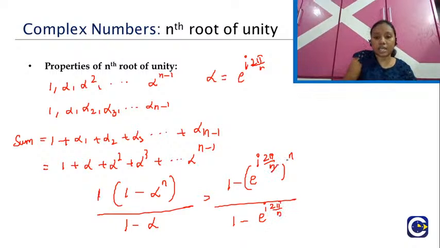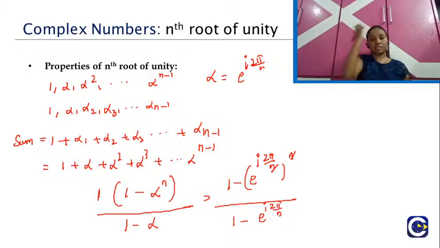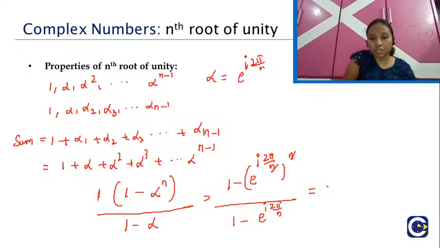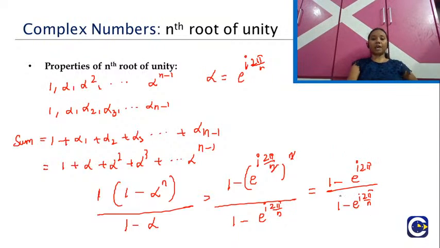Here this n and this n will get cancelled, and I'll be having 1 minus e power i 2 pi divided by 1 minus e power i 2 pi by n. Here I am having it only in terms of theta, there is no n.